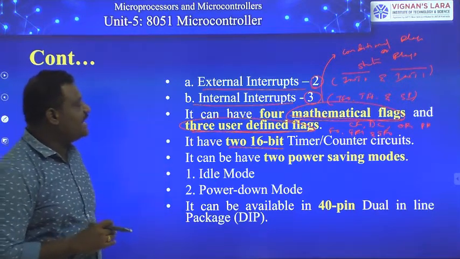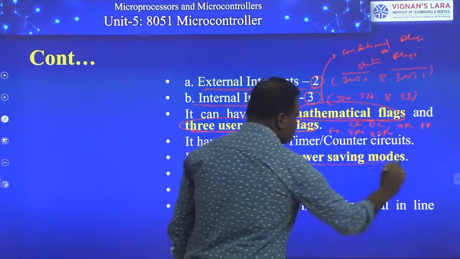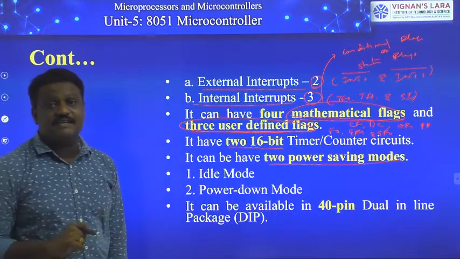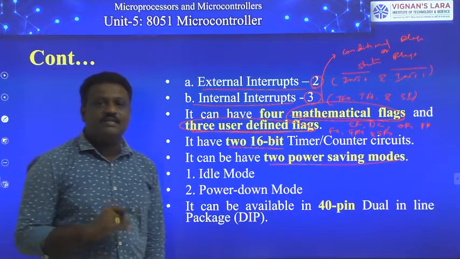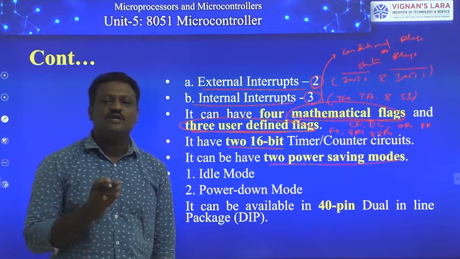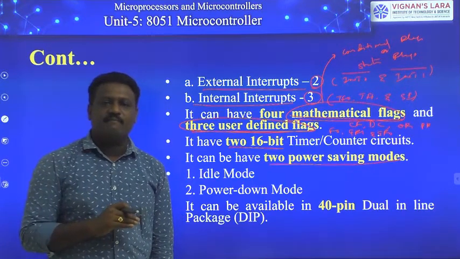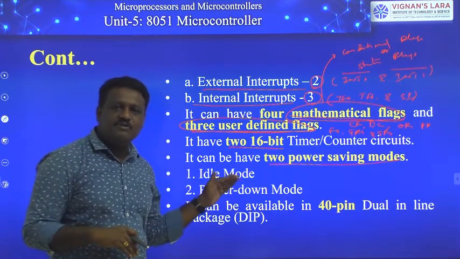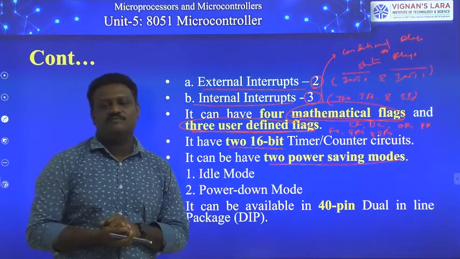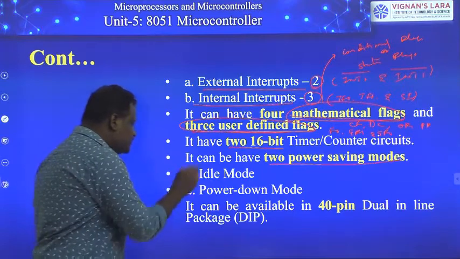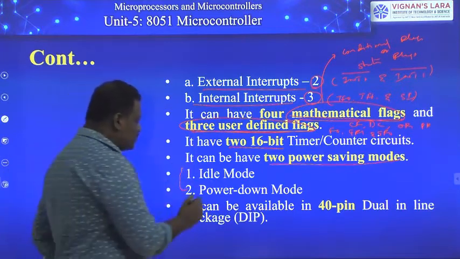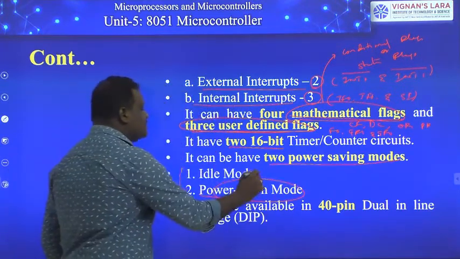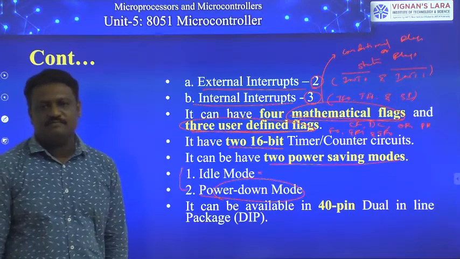And next, it has 2 power saving modes. That means the power consumption of your controller can be reduced by operating the controller either in idle mode or in power down mode. Out of these 2 modes, friends, we can save much more power in power down mode compared to idle mode.